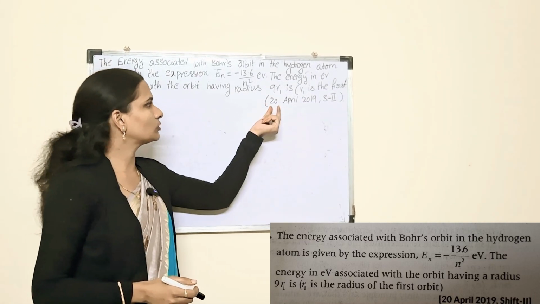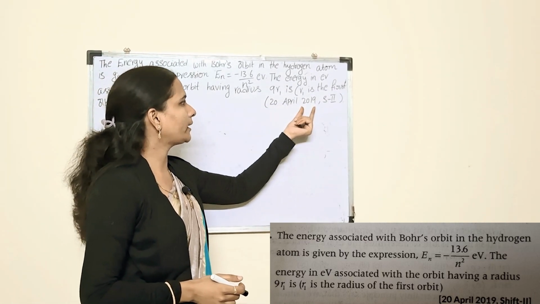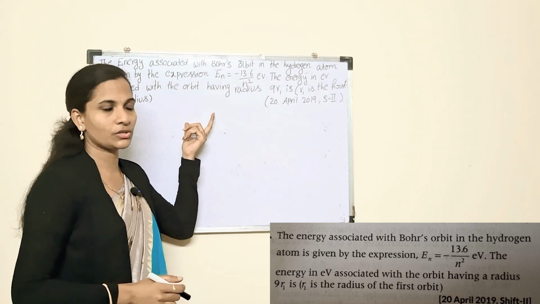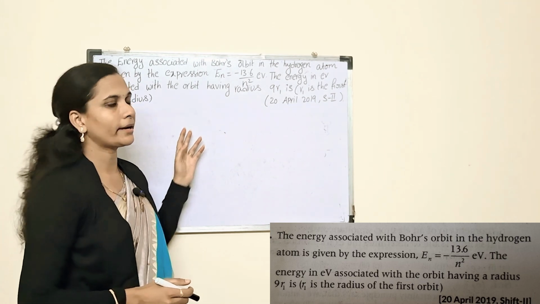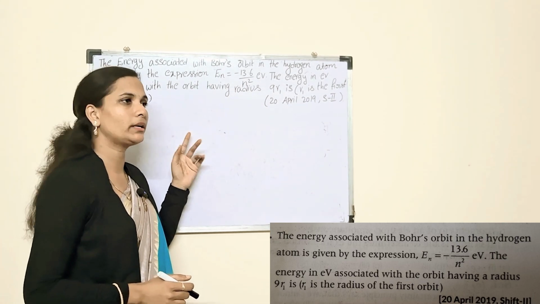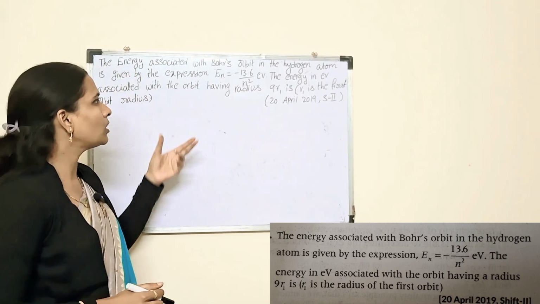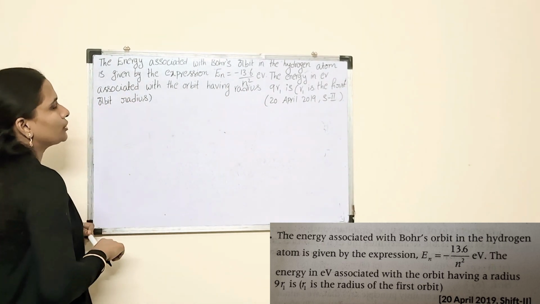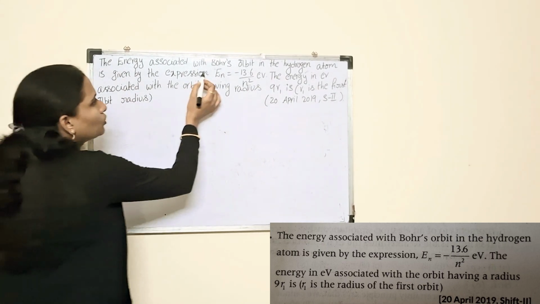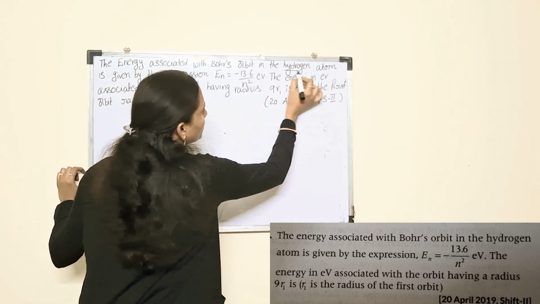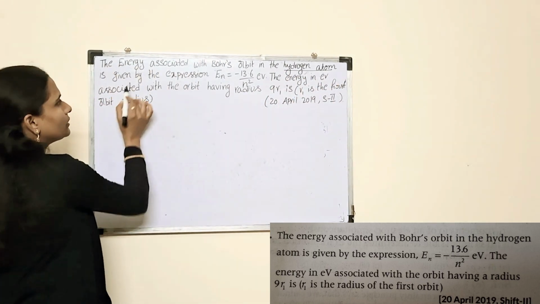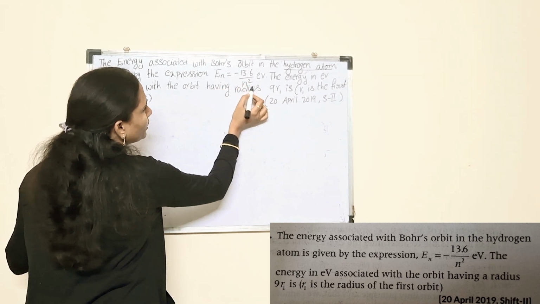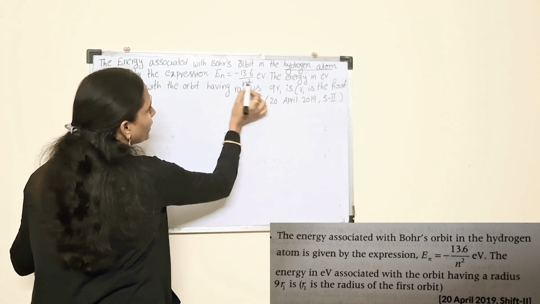Today's question is from 20 April 2019, shift 2. This question belongs to atomic structure, and the subtopic is hydrogen spectrum, energy calculation and radius of the nth orbit calculation. The question: the energy associated with Bohr's orbit in the hydrogen atom is given by the expression En equal to minus 13.6 by n square electron volts.